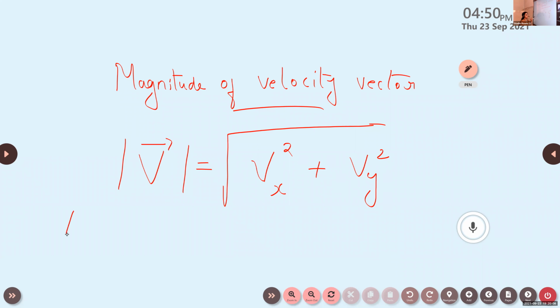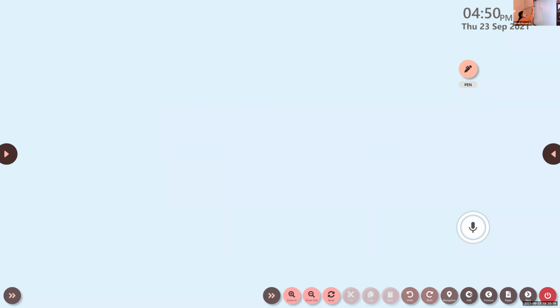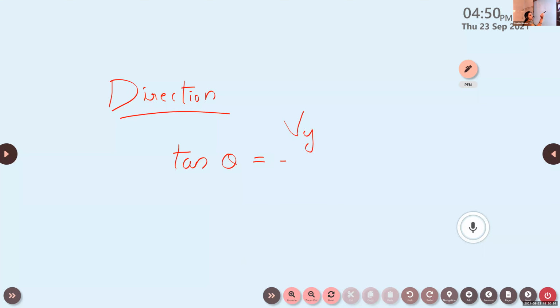Now, from the velocity vector, we can calculate the direction of motion of an object. The direction of motion is given by tan theta is equal to the velocity component along the y-axis, Vy, divided by the velocity component along the x-axis, Vx.